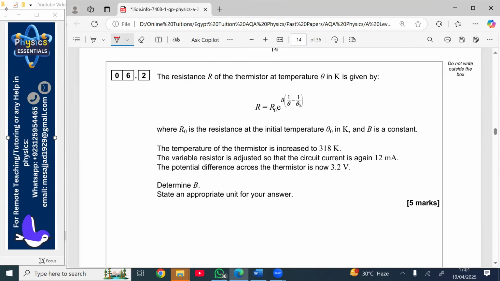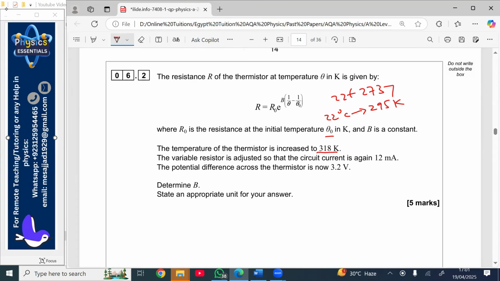6.2. The resistance R of the thermistor at temperature theta in kelvins is given by this, where R naught is the resistance at the initial temperature theta 0, which is 22 degrees Celsius, and B is a constant. The temperature of the thermistor is increased to 318 K. So this temperature is not 22 degrees; it is now 295 kelvins, because you have to add 273.